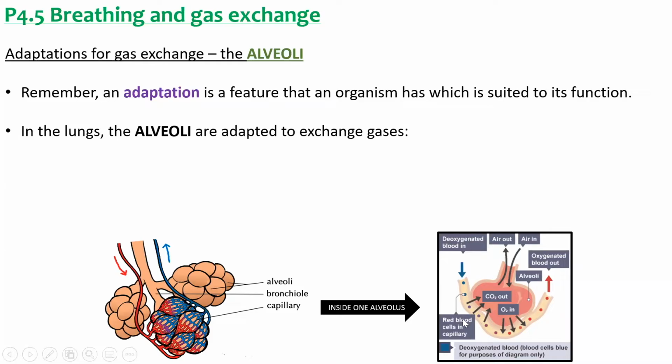So this is a close up. We've got the bronchiole, and the alveoli, the air sacs. They're the little rounded, balloon-like things, and there are blood vessels, capillaries, a type of blood vessel. Deoxygenated blood comes in.